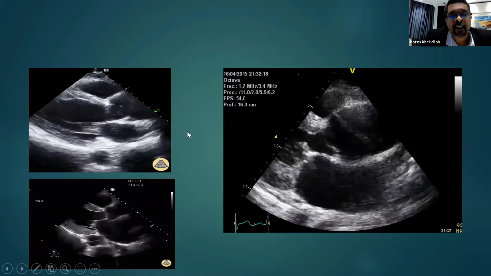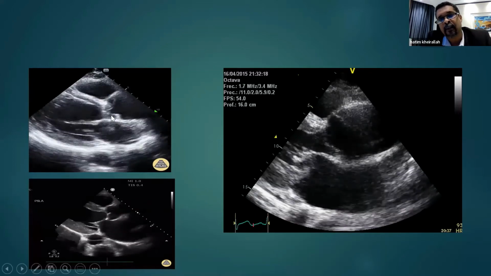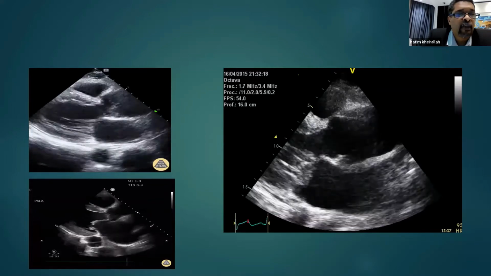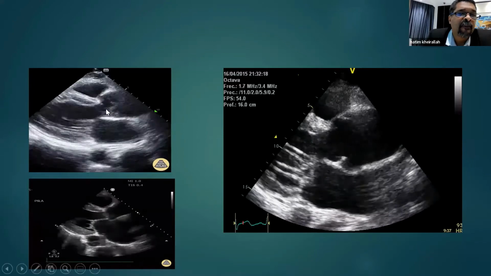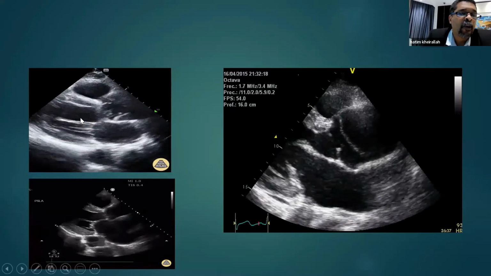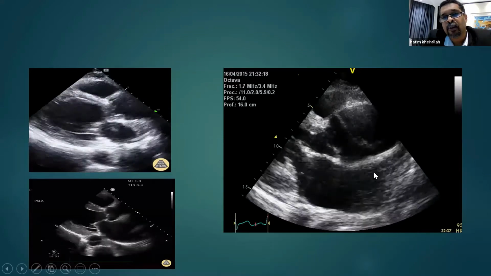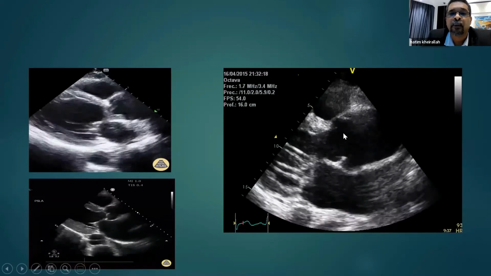So aortic regurgitation with type A dissection might be due either to the flap going down into the aortic valve plane and interfering with the coaptation, or due to the dilatation of the aortic root.